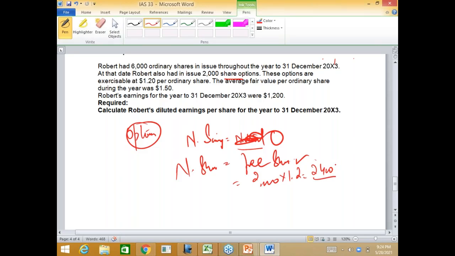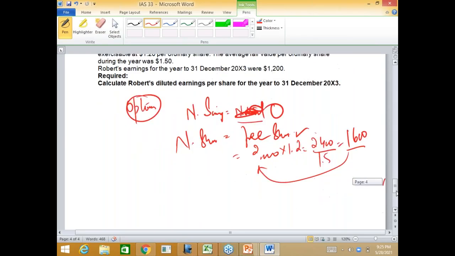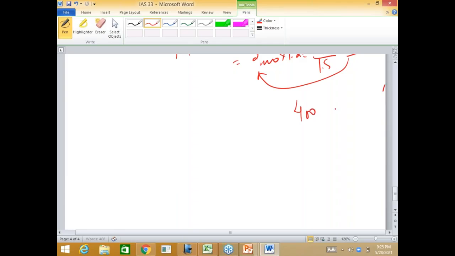But when we divide this 2,400 by 1.5, you will get the number of shares that you would get at the market rate. 2,400 divided by 1.5 gives you 1,600 shares. Because of the option, you are getting 2,000 shares. So the free shares will be 400.